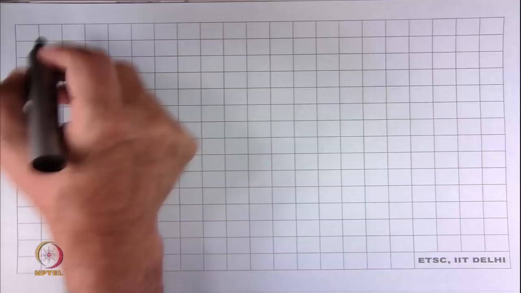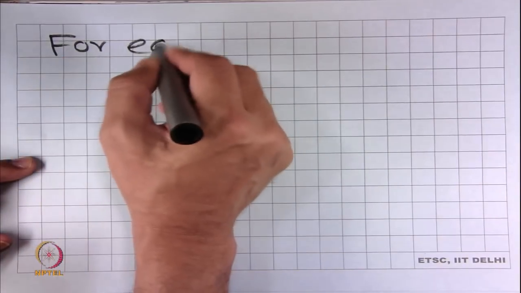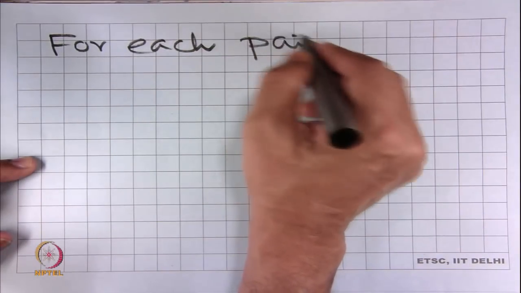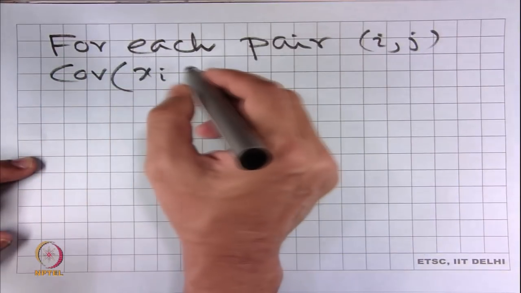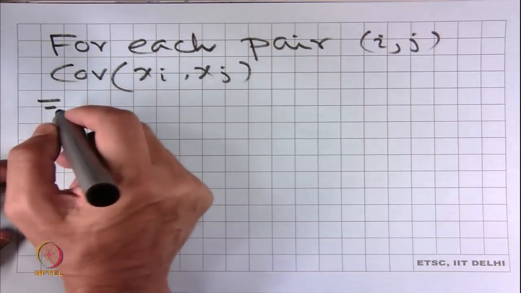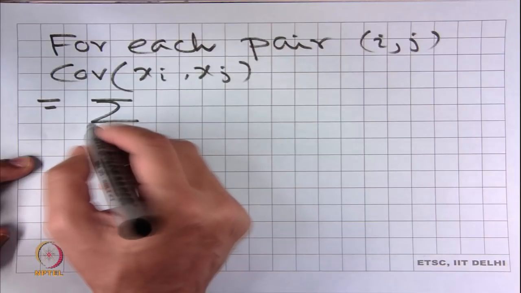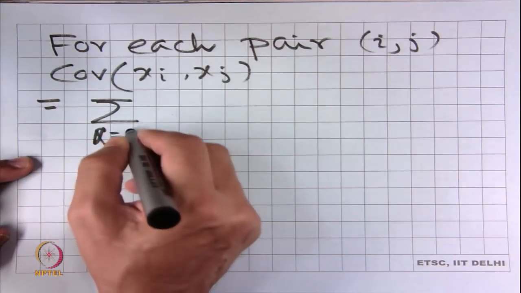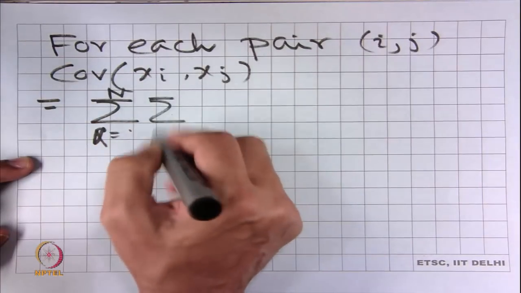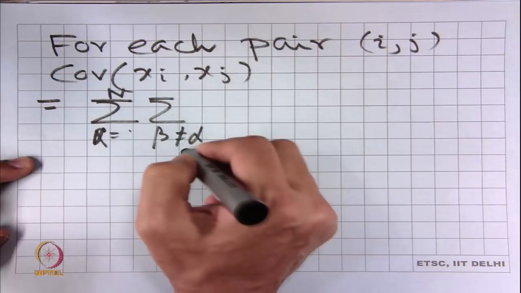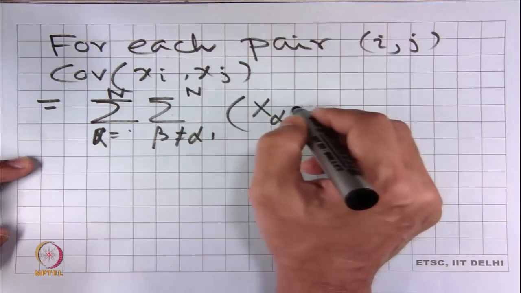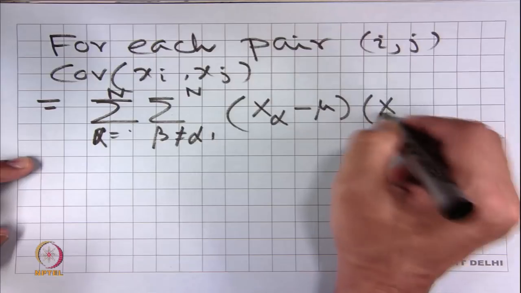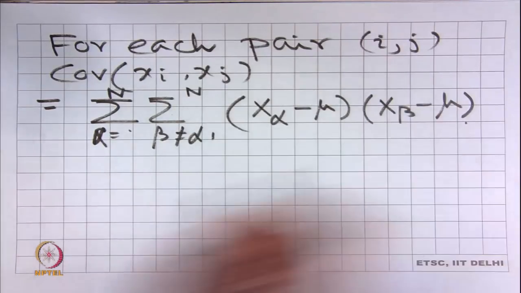As before, for each pair i, j, the covariance between xi and xj is equal to sigma over alpha equal to 1 to n, sigma over beta not equal to alpha from 1 to n, x alpha minus mu into x beta minus mu.